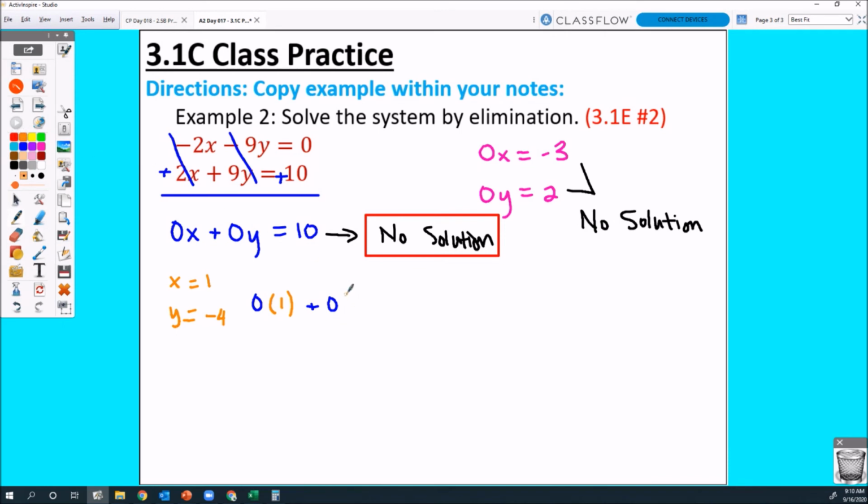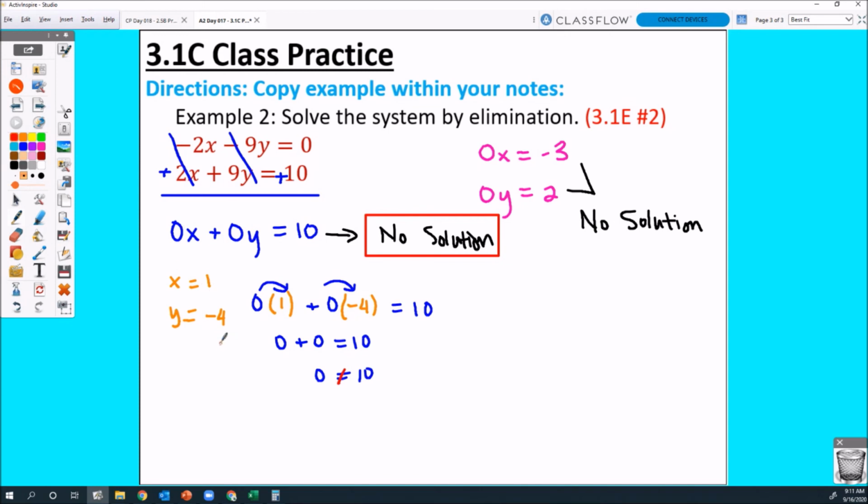So instead of y, I'm going to plug in -4. And supposedly it equals 10. So 0 times 1 will be 0. 0 times -4 will be 0. But 0 plus 0 is 0. And supposedly it equals 10. Well, we know that 0 does not equal 10.